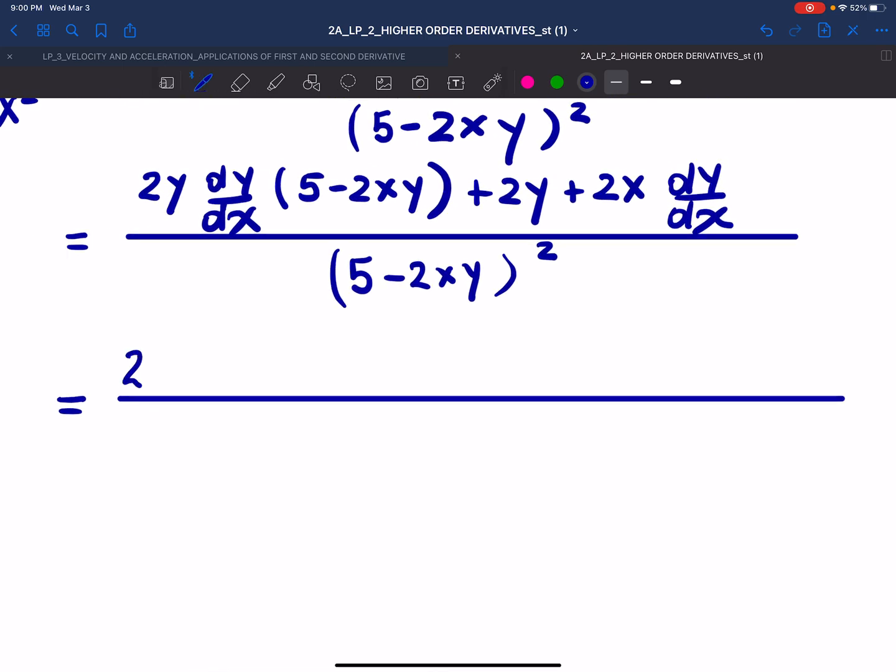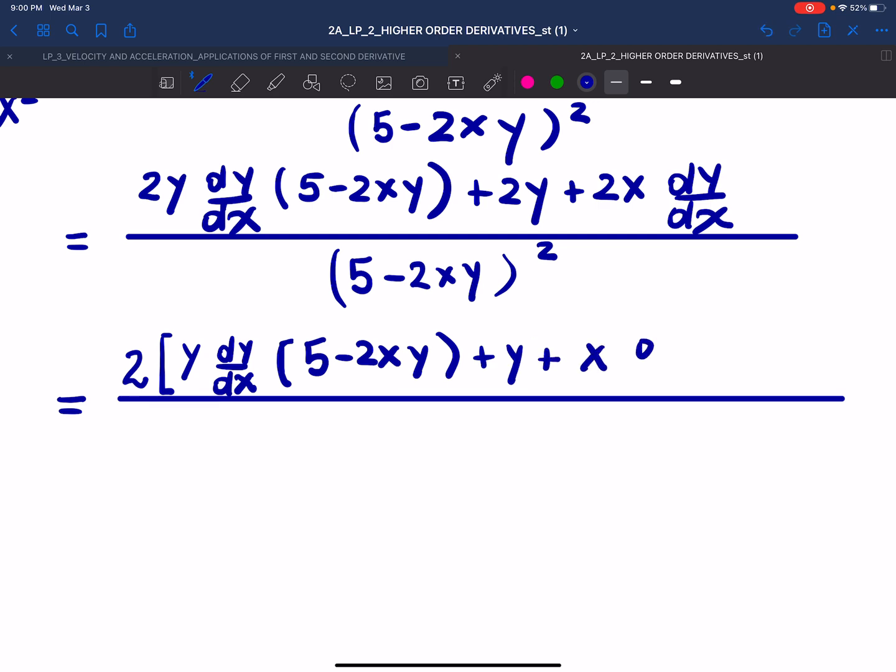So a factor of 2 outside the brackets. And then we have y times dy/dx. And that multiplies 5 minus 2xy plus 2y, plus y plus x dy/dx in brackets.